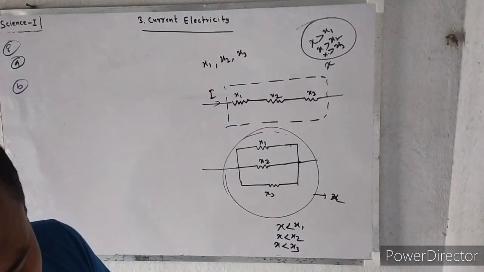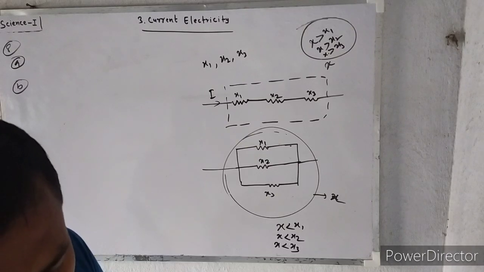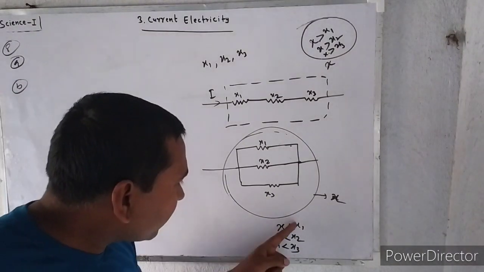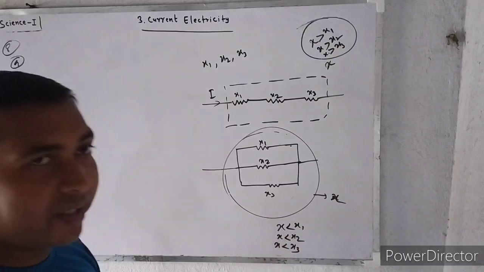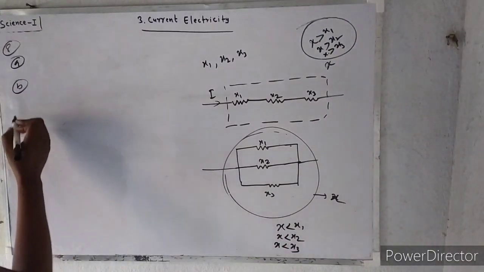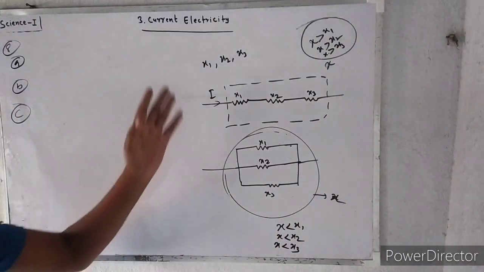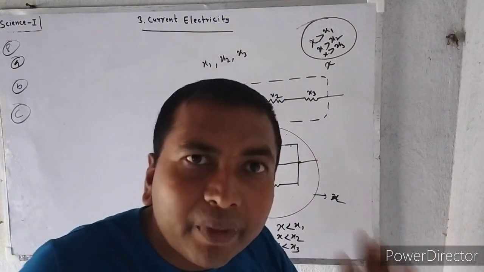Okay, see, X is smaller than X1, X2 and X3. It means in C you will write X1, X2 and X3 are connected in parallel combination.